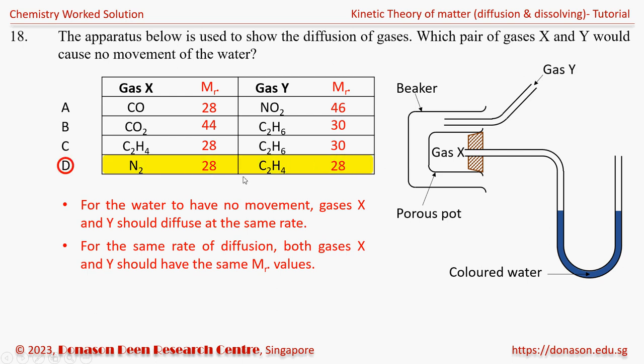So in option D we can see that nitrogen and ethene both have a relative molecular mass of 28, and of course when both gases have the same MR value, they're going to have the same density, which means that the rate of diffusion of gas Y into the porous pot and gas X out of the porous pot is going to be in dynamic equilibrium. When that happens, the pressure inside the porous pot is not going to change, which means obviously the water level on the manometer is not going to change either. So option D is the correct answer.